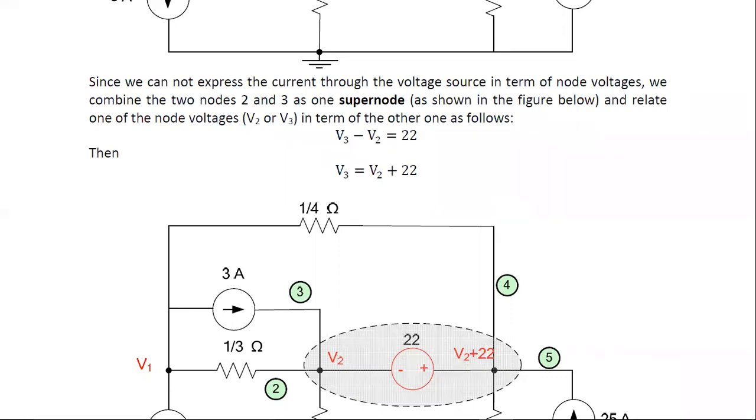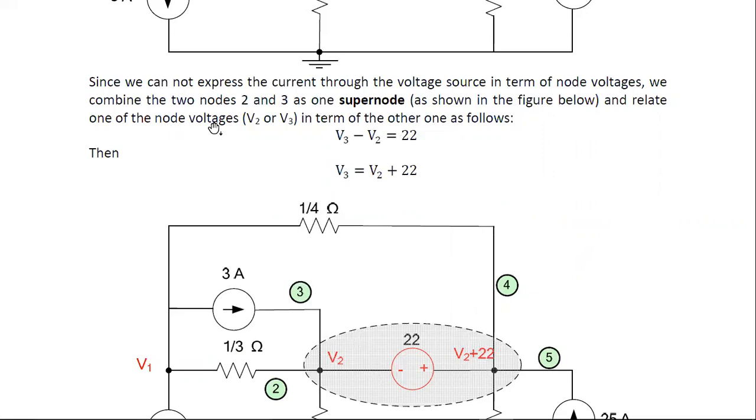Otherwise there is no drawing of current from that source. So we should not express the current flowing through the voltage source. That is the reason I'm taking these two nodes as one common node, which is nothing but a supernode.